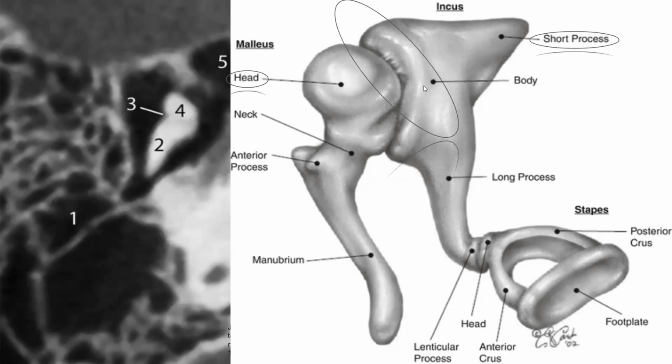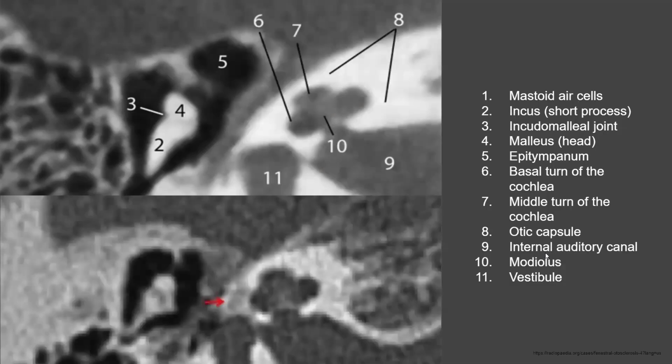If you're looking at it in a coronal plane, it's going to look very different from how it looks in the axial plane, potentially. Or if you're scrolling through the axial plane, you may see an image where these bones look very different. It's a complex three-dimensional arrangement. So that's just to let you know that that exists.